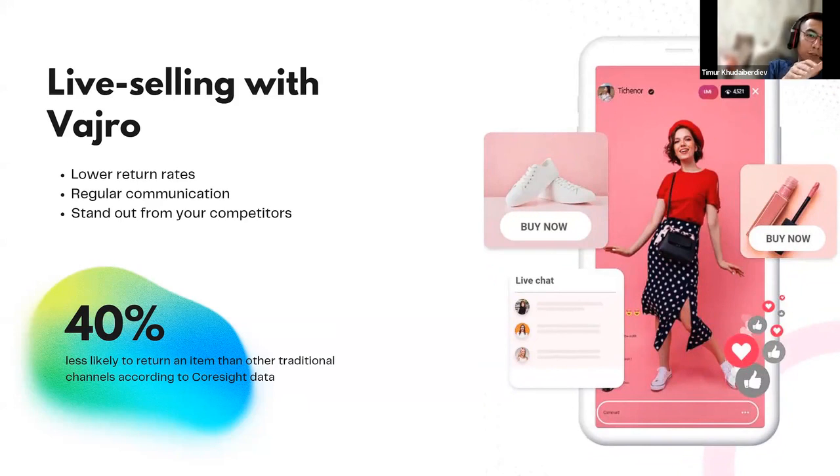When we talk about social media, your subscribers and followers, and your business, we need to communicate these things with each other. What we can do with this is live selling. You might all know that Vajro also offers live selling. I think it's Blink, right?